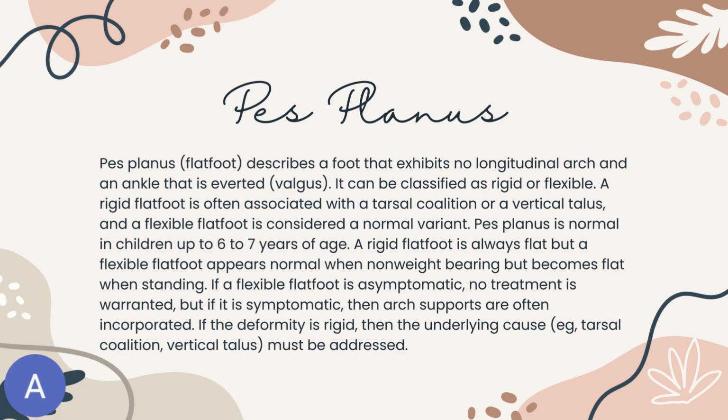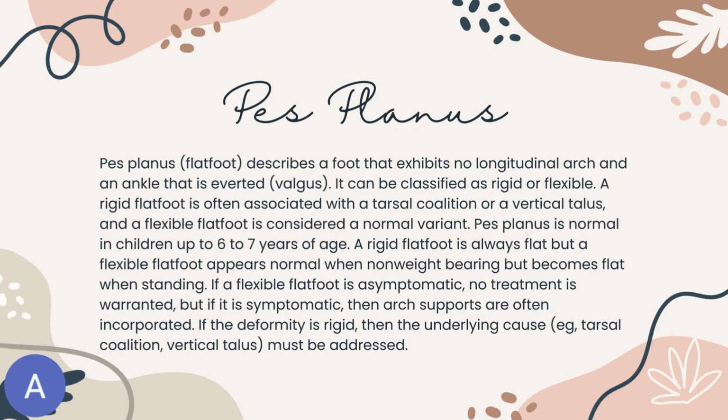It can be classified as rigid or flexible. A rigid flat foot is often associated with tarsal coalitions or a vertical talus, and a flexible flat foot is considered a normal variant. Pes planus is normal in children up to 6 to 7 years of age. A rigid flat foot is always flat, but a flexible flat foot appears normal when non-weight bearing but becomes flat when standing.